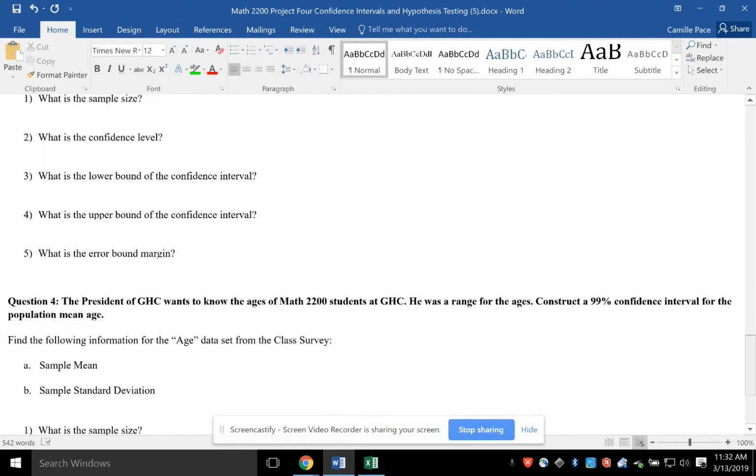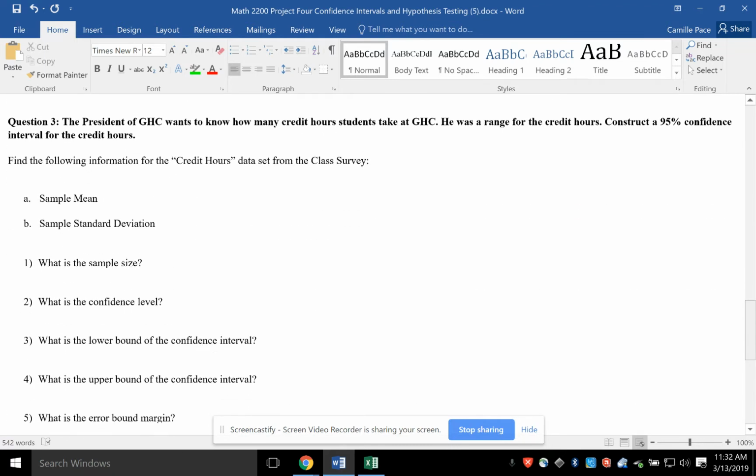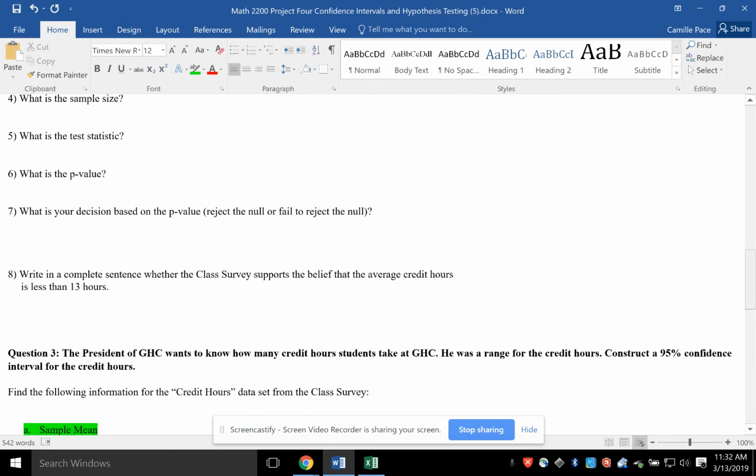For 3 and 4, they're confidence intervals. Here it says the president of GHC wants to know how many credit hours they take. He wants a range for the credit hours. For sample mean and sample standard deviation, you've already got that.